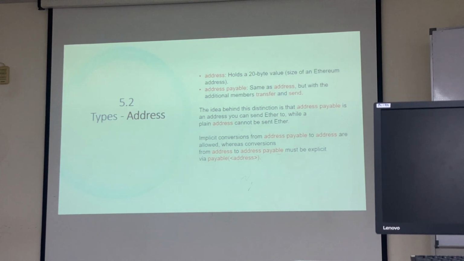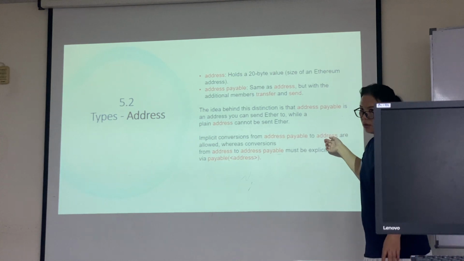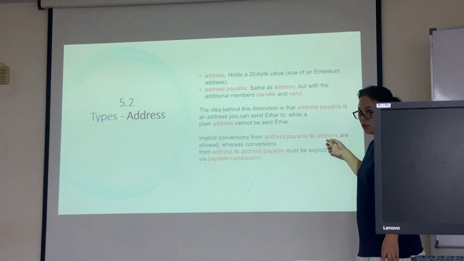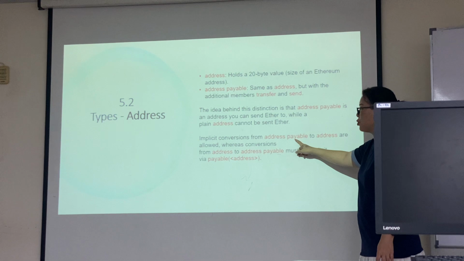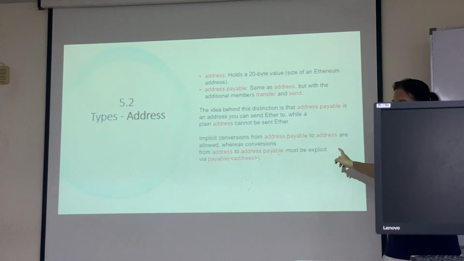You specifically said this address needs to be payable, but later on you did not use it. So by right you should define it as address. That's why implicit conversion from address payable to address is allowed.